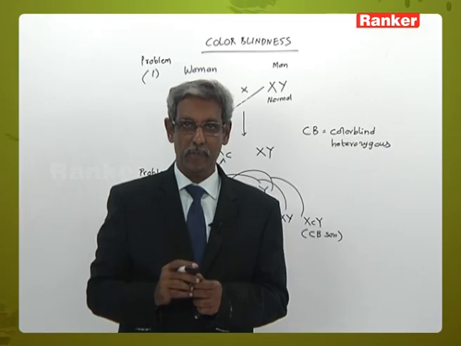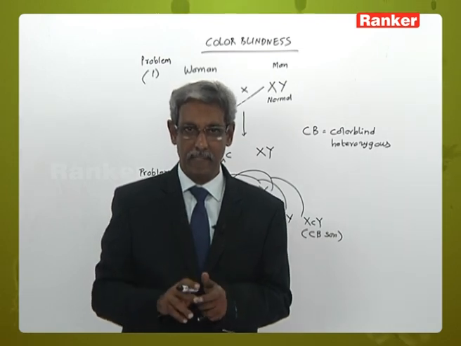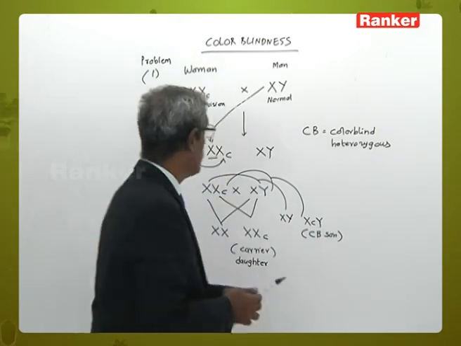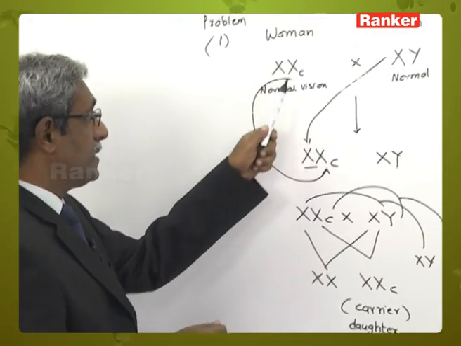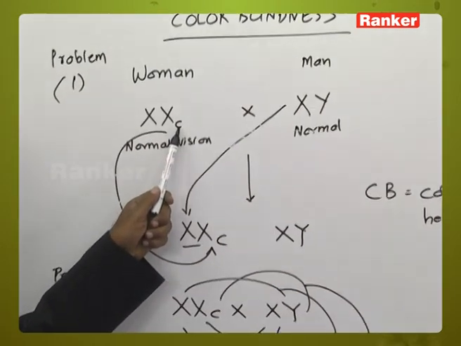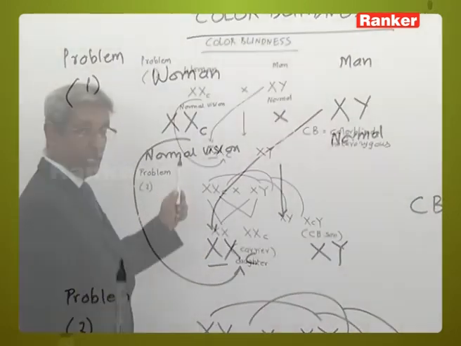We will be looking at problems in relation to color blindness. Normally in color blindness, the woman is the carrier, and a woman with XX has a color blind gene. She is a carrier for color blindness, and she could have normal vision.